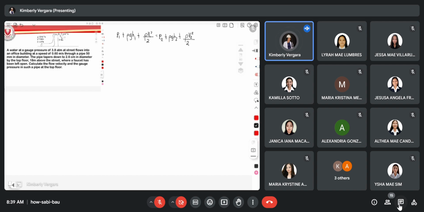This is the only case where this form of Bernoulli's equation is applicable. As you can see, we must have V2 in order to get P2. So first, let's calculate V2.